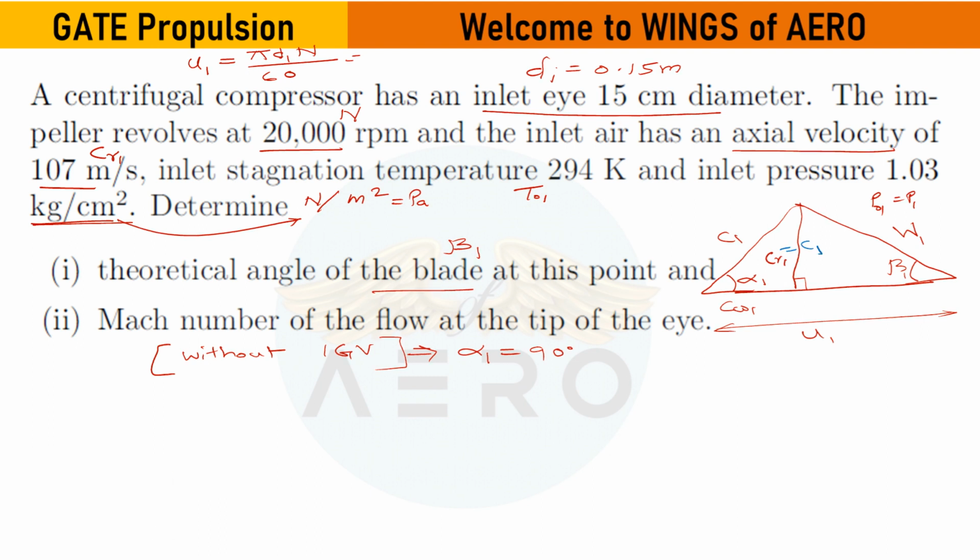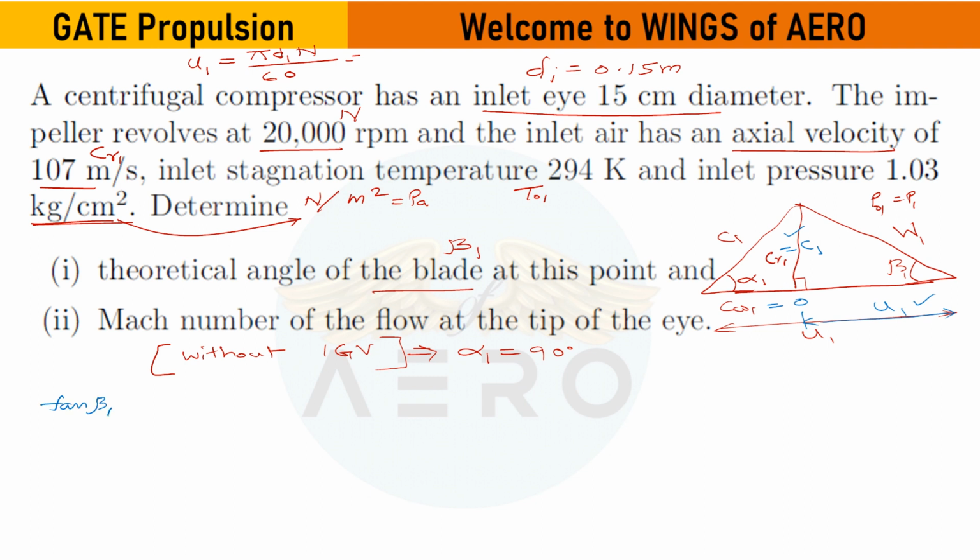CR1 is going to be C1, right? CW1 will be 0, and from here to here is going to be your U1. Now you check, in this condition you have the value of U1, you have the value of CR1 as well as C1. Now can you find beta 1? Height by base.